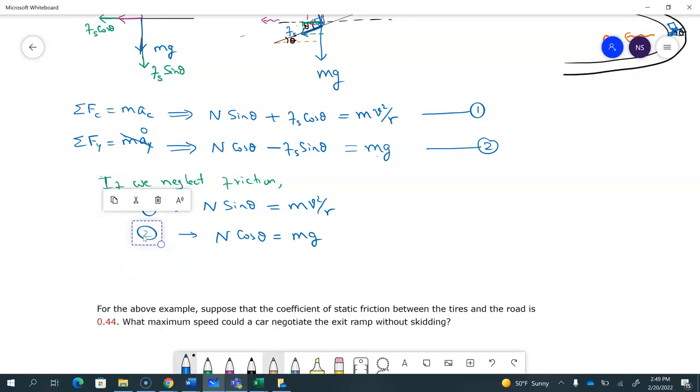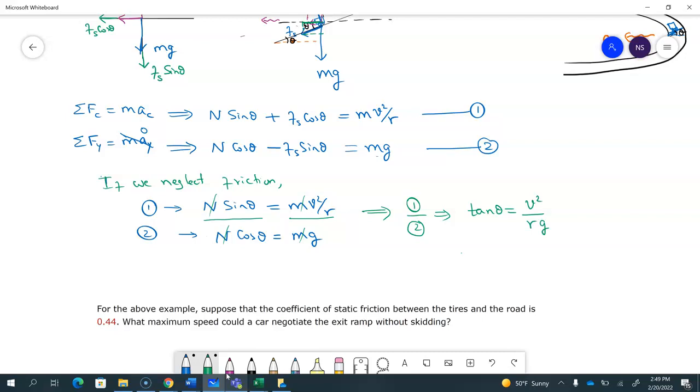Okay, so it's very tempting to just divide one equation by the other. So if I divide one by the other, then the normal force cancels. So equation 1 divided by 2 gives me normal force is gone, so it's tangent theta is equal to, mass also goes away, so that will give me v squared divided by r times g, right?